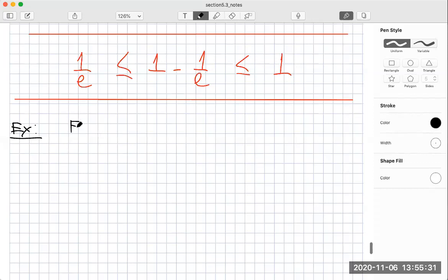Evaluate the integral from 3 to 6 of dx over x here.